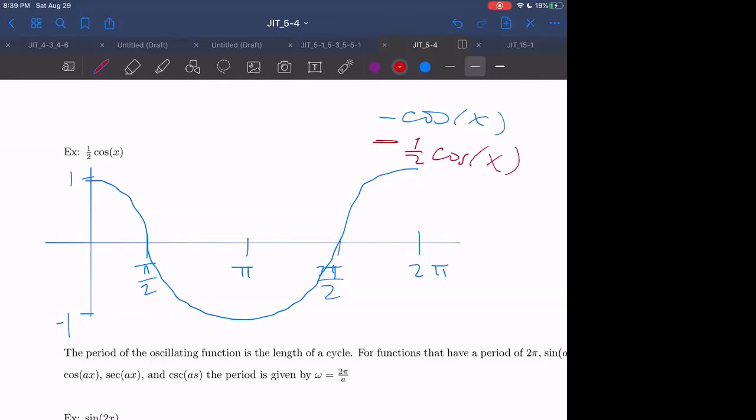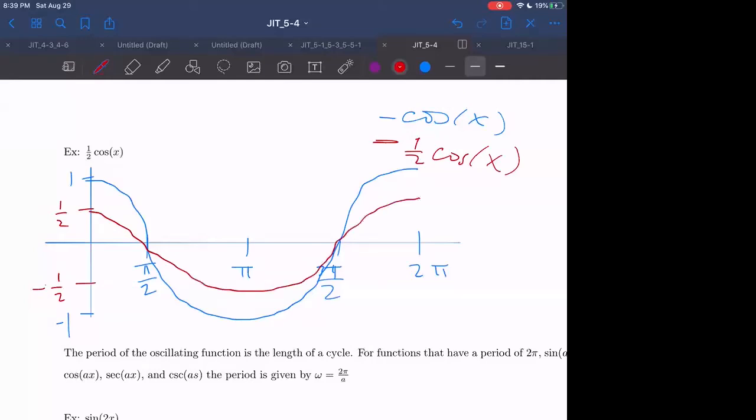Multiplying something by a half out front means I'm gonna do a vertical compression. So everything gets bumped down to a half and negative a half. Okay, so I can sketch that out.